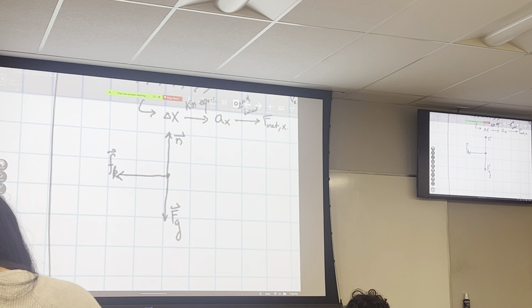So remember, we wanted to see if we knew what F net x was. Well, let's do the force balance on the x. And this is going to equal, well, we have a single force acting in the negative x direction, which is going to be negative Fk. And from Newton's second law, we know that this has to equal mass times acceleration in the x direction.